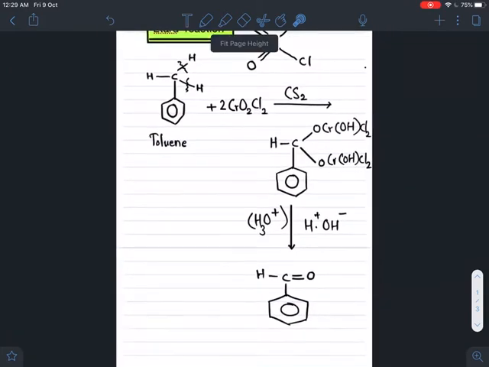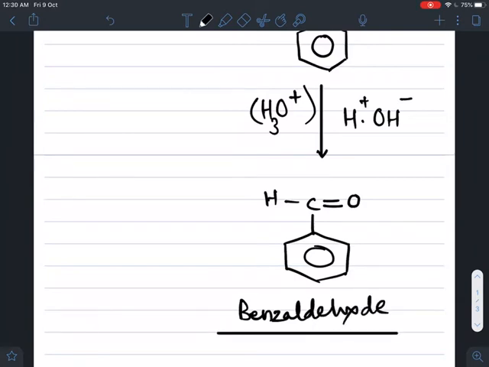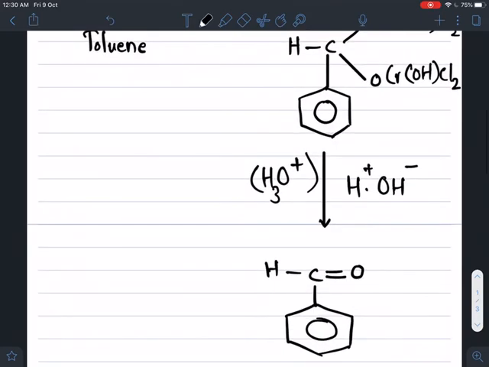So this is the preparation of benzaldehyde. Benzaldehyde is prepared from toluene, and this reaction is called the Etard reaction.